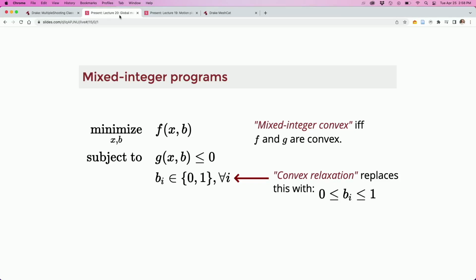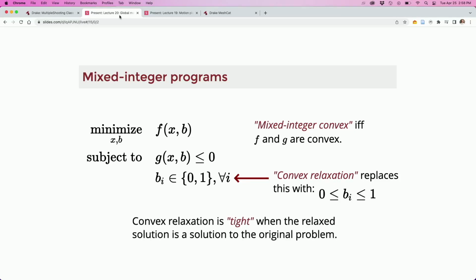It's only easier, so it tells me something about the original problem. In the best cases, you relax the problem and solve it, and the solution has the property that B is either 0 or 1. If all of your B's, after solving that convex problem, happen to be 0 or 1, you're done, and you know you have the global optimal solution.